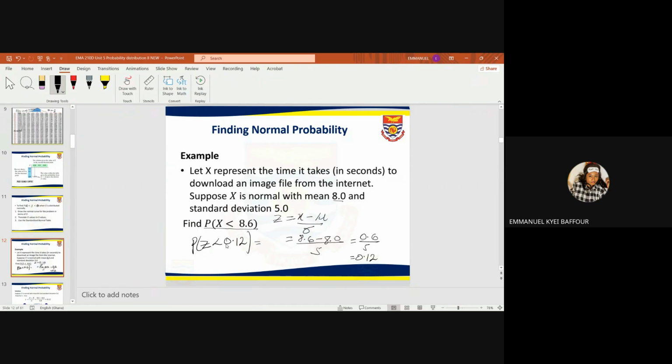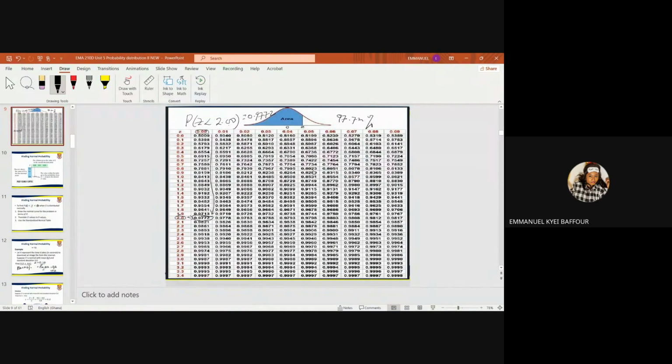So now it's our duty to go back to the table and trace the z-score for 0.12. So let's do that and see what we will get. So 0.12. We are going to get 0.1 here, and then 1, 2, so we will trace it with 0.2.